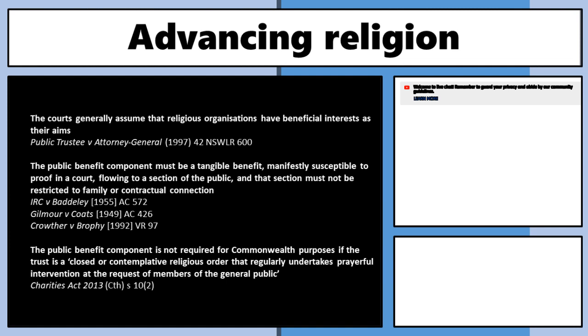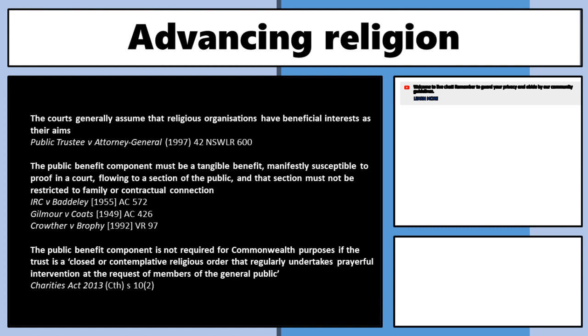Okay, some of this requires recapping from last week. But a key thing to note is that this public benefit test is actually assumed. It's a rebuttable presumption when things are pushed towards religious organizations.